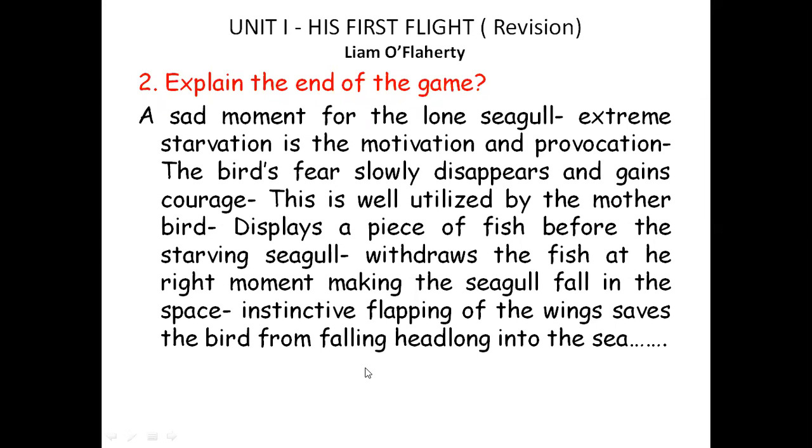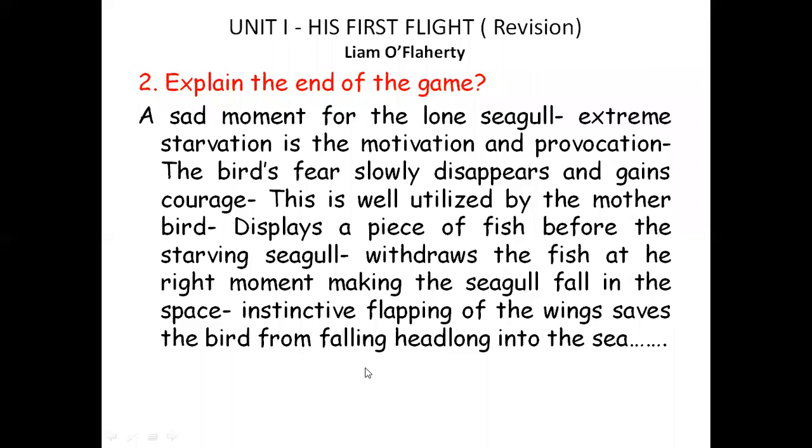Actually, the mother bird is not spoon feeding the fish. If spoon feeding is there, the bird will never leave the ledge. Therefore, she shows a piece of fish before the starving seagull and withdraws the fish at the right moment, at the brink, making the seagull fall into space, automatically flapping.